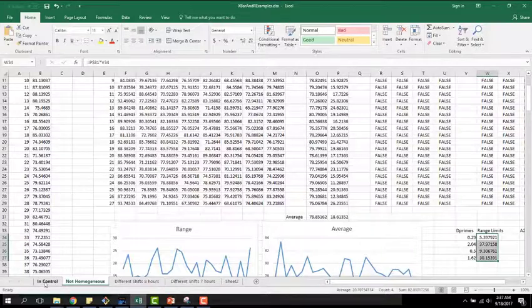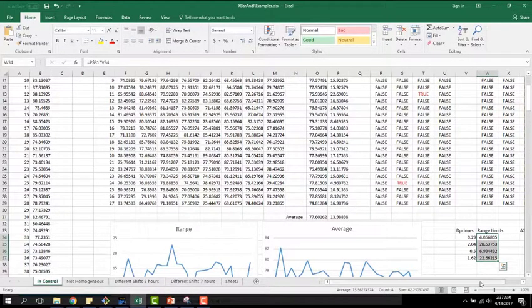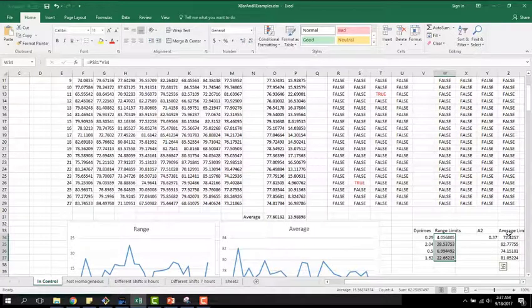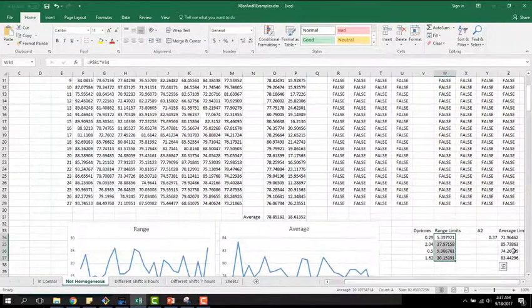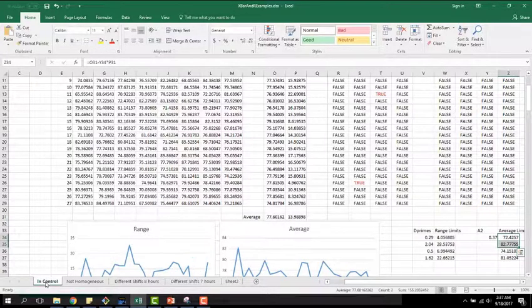Similarly, if we look at the distance between the action limits in the average chart, the original action limits were 72.5 and 82.75. But in the non-homogeneous case, the action limits are 71 and 85.75.